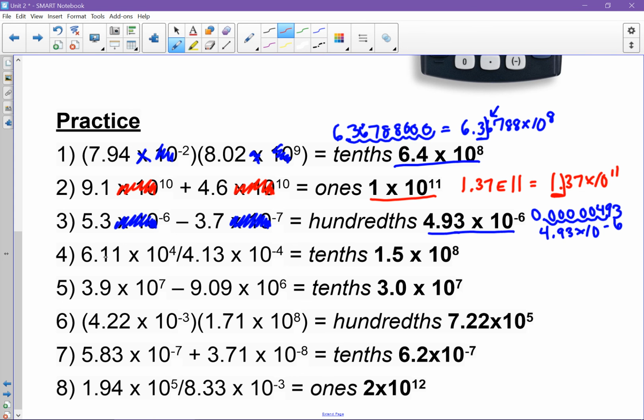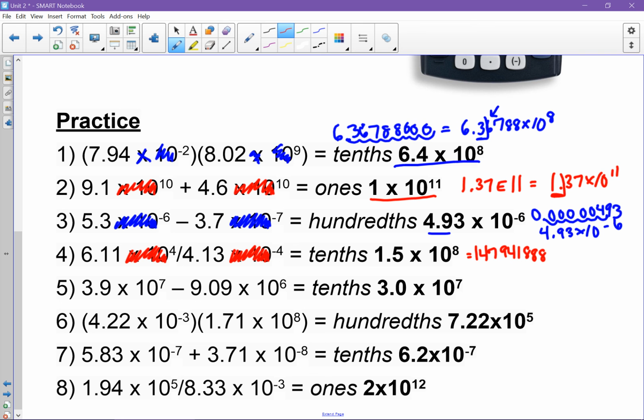Next, let's put this in your calculator. 6.11 E4 divided by 4.13 E negative 4. And your calculator says this big long number, it doesn't say a point, does it? Says 147941888.